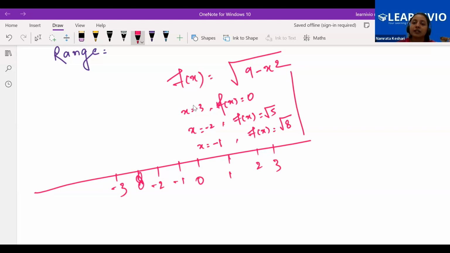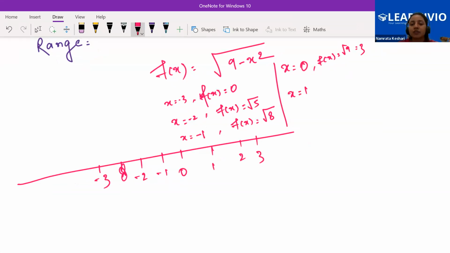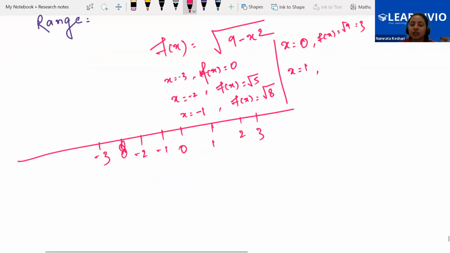When x equals 0 we are taking, then √9. That is 3. When x equals 1 we will be taking, it will be just like -1, that is √8, right?